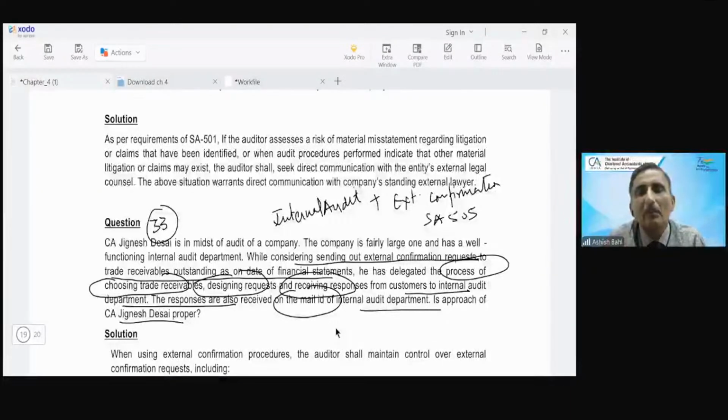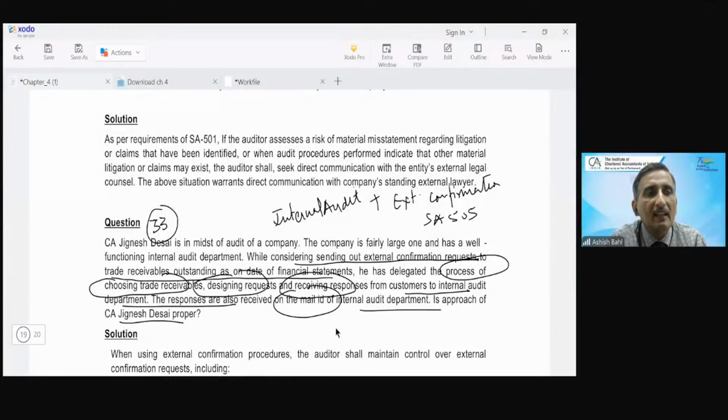What is the responsibility of the auditor in accordance with SA 505? Let us start with it. Auditor's approach is wrong.